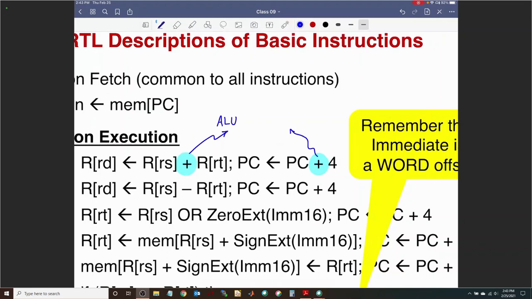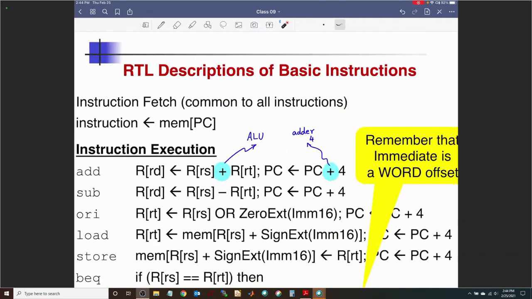But in order to do the +4, I can have an adder that has 4 as one of the inputs. It's hardwired to 4. So I can just take the current PC and use an adder to add 4 to it. I would not need to use the same ALU.